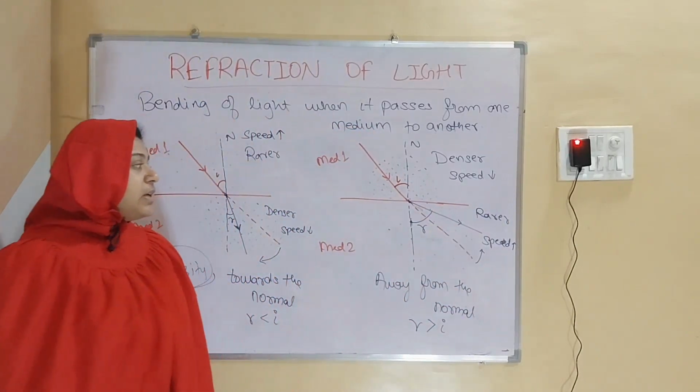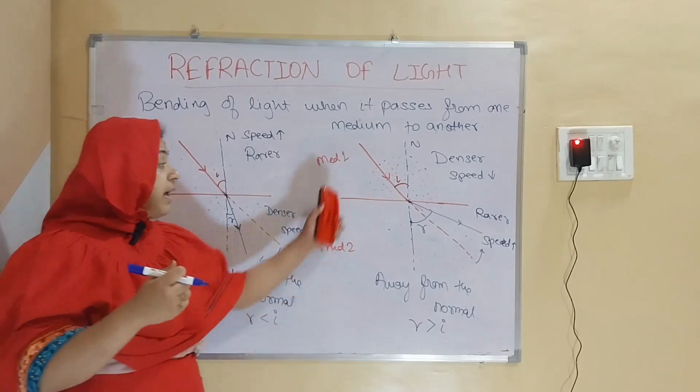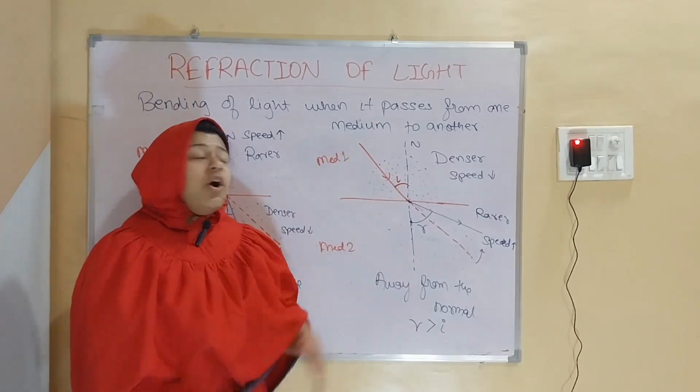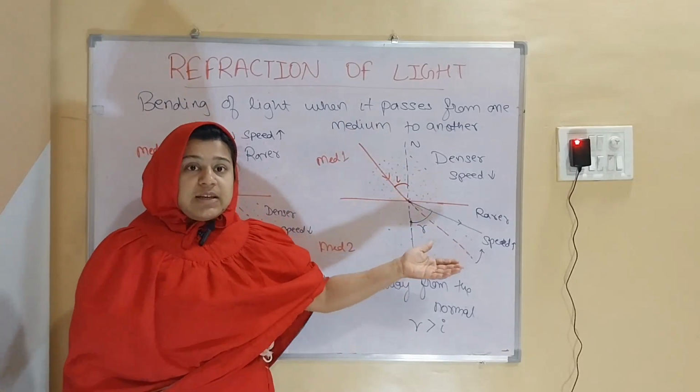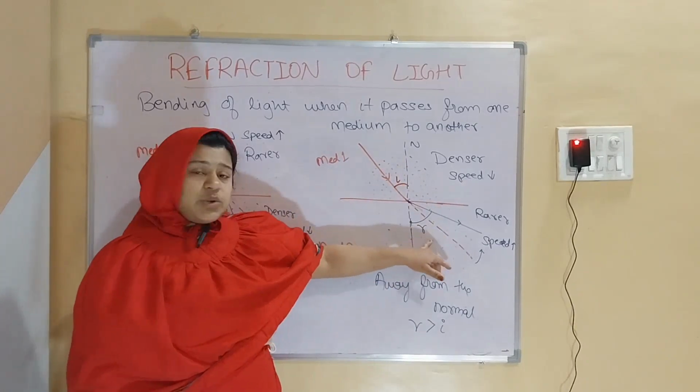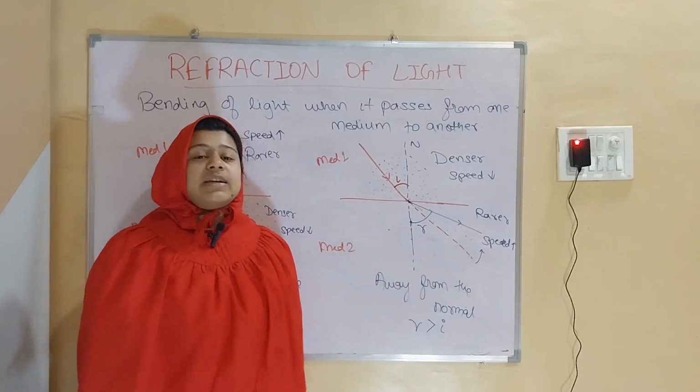So when the light enters from a denser medium to a rarer medium, the speed of light increases. So speed of light increase होने की वजह से angle of refraction increases.